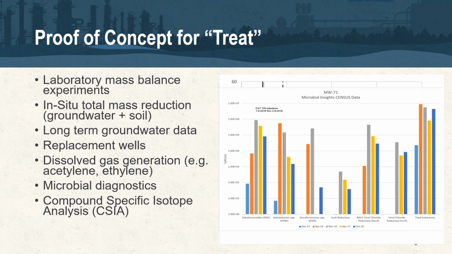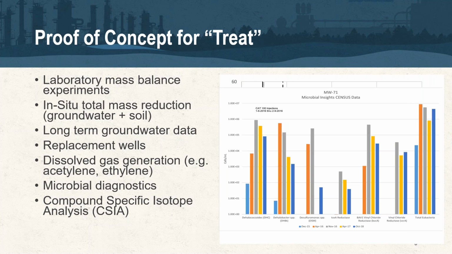And then lastly, not being used as much is CSIA, compound specific isotope analysis, to be able to make sure that we're getting true biodegradation out on these sites and not just sorption. Because if you're just changing the phase of the contaminant onto the carbon and you're not getting degradation, you're not going to alter that delta ratio.